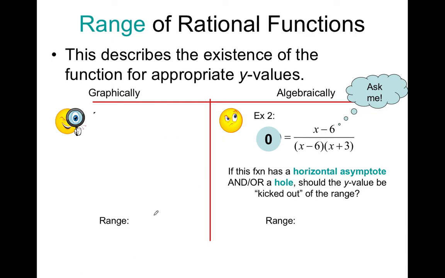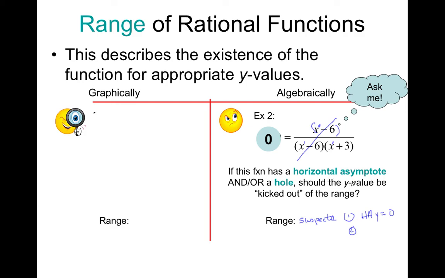Curious. Who are my suspects this time? Still horizontal asymptote of 0, right? But this time, I also have a hole.